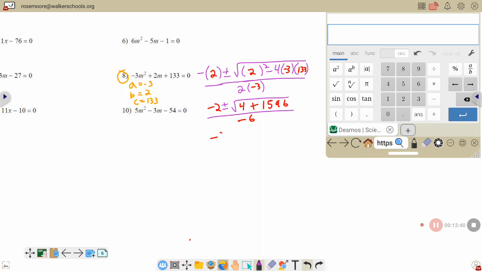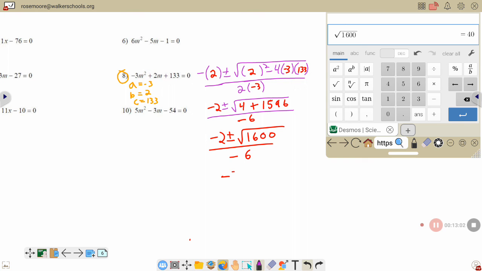So we're going to have negative 2 plus or minus 4 plus 1,596 is the square root of 1,600 over negative 6. Right? The square root of 1,600 is 40.